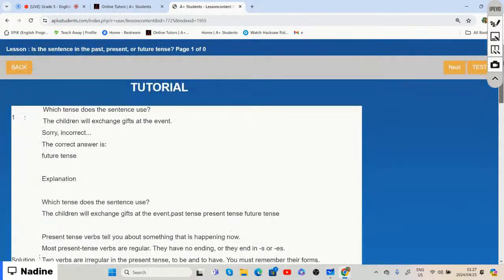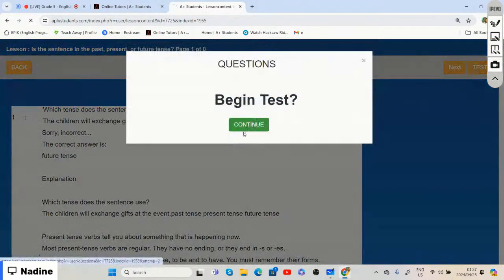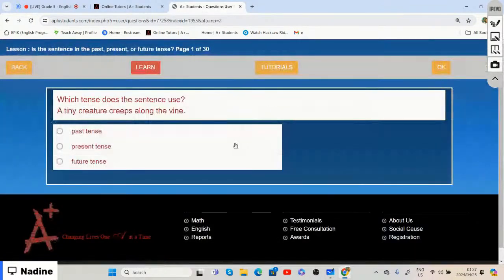So now we're going on to our test where we will say if a sentence is past, present, or future tense. And that is correct. Future tense is correct. So which tense does the sentence use?